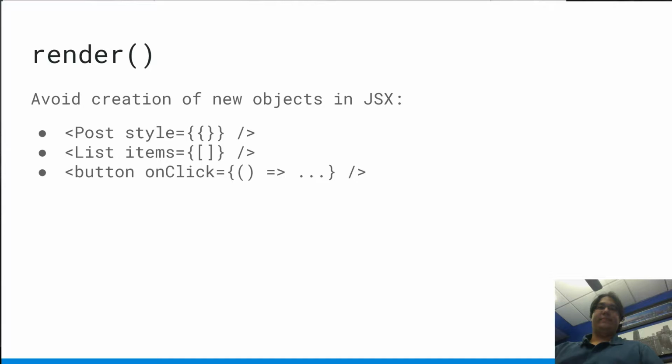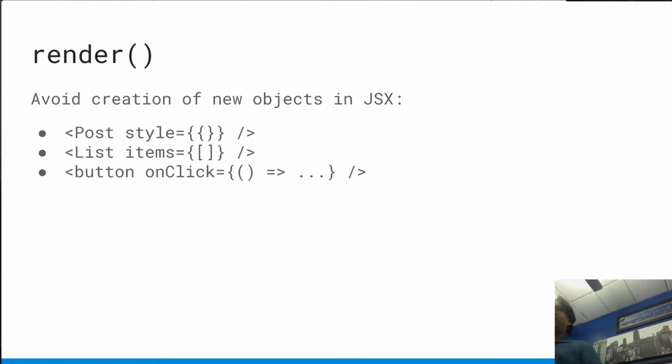Okay. So one thing that's very important in render is when you're passing props to child components, to always avoid creating new objects in props, because there's no way to compare them without deeply comparing them, and that is pretty expensive from a performance standpoint.